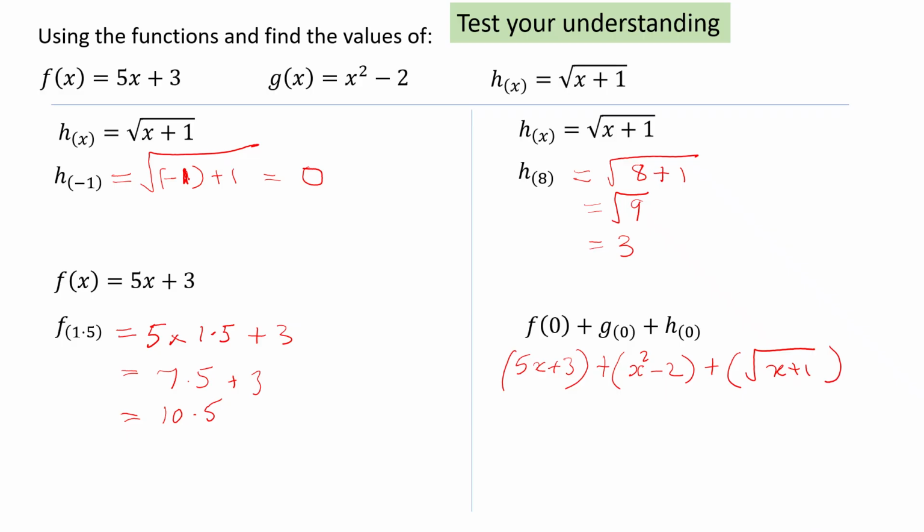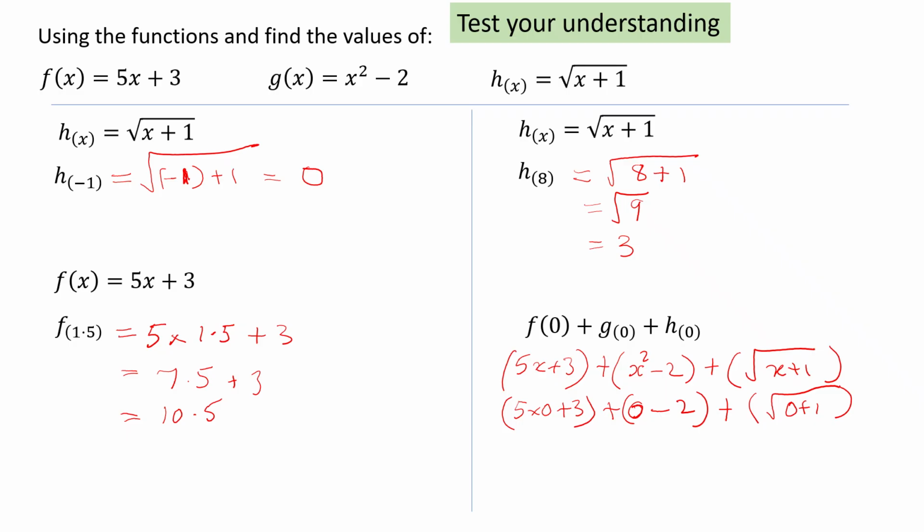So for f(0), I'm going to put x equals 0. So 5 times 0 plus 3, plus g(0), so x equals 0, 0 minus 2, plus h(0), square root of 0 plus 1.